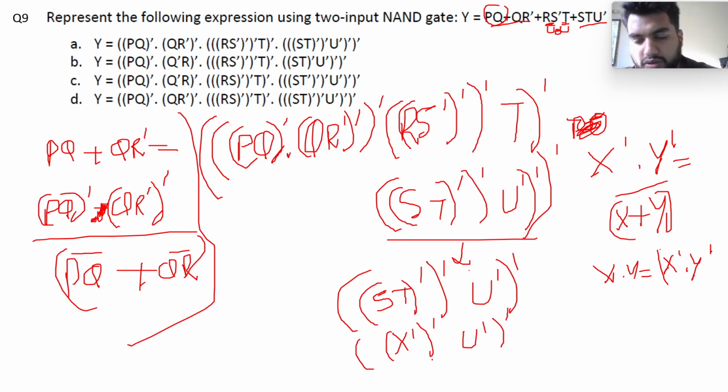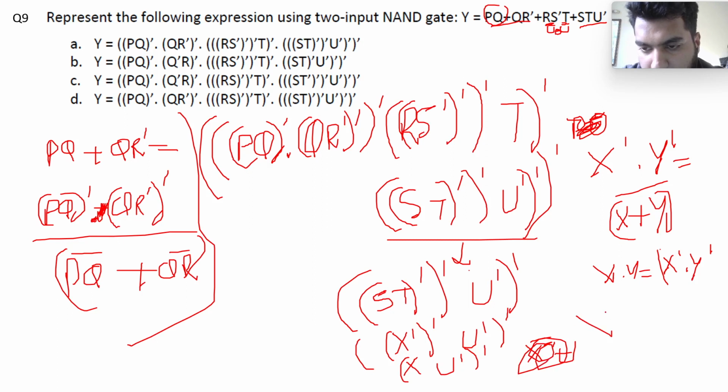So this X complement with the ST complement, you get X only, and then you have U complement with whole complement, so you get X complement plus U, and then whole complement.